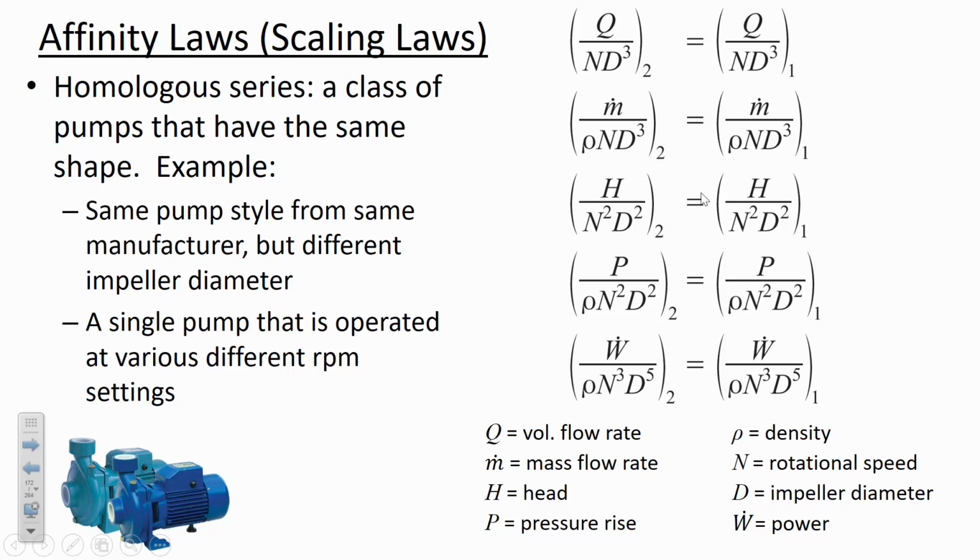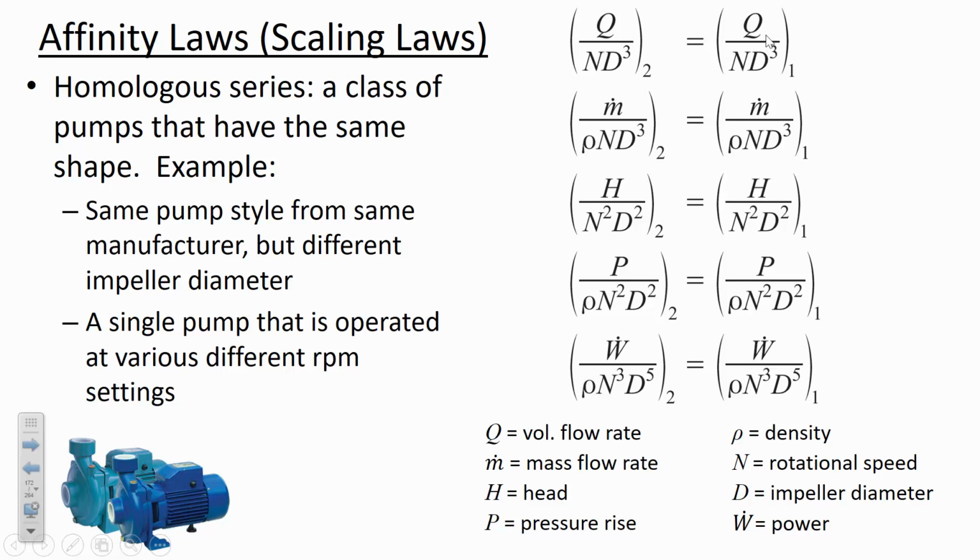Sometimes you're putting a given pump into a different rotational rate, and you want to know how the flow rate is going to be different if you change the rotational speed. You can see here, rotational speed is assigned this variable n. If it's the same diameter pump as before, but now you're operating at a different rotational speed, you can use this to understand how the flow rate is going to change.